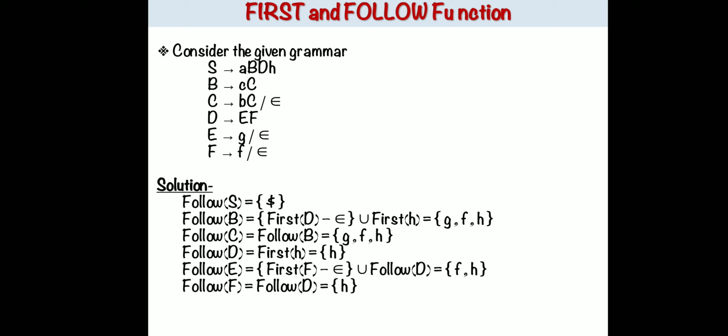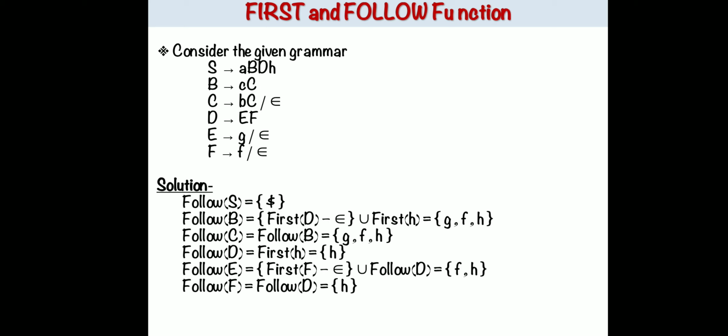After that, follow of C equals follow of B. Why? Because in the production B arrow small c, small c capital C, after B there is nothing.